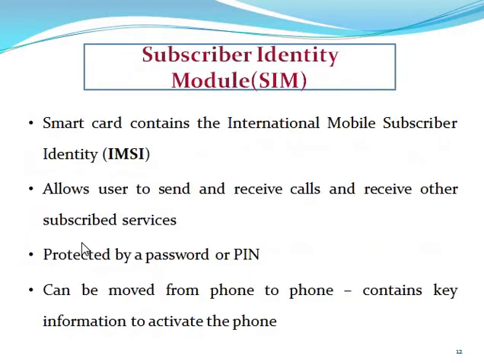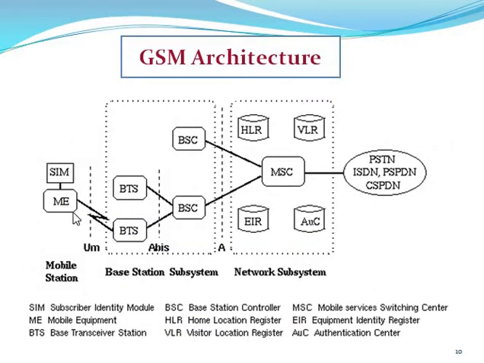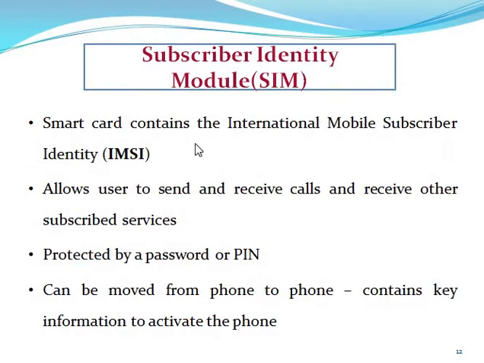Now we can see what the SIM is. We can see this in the diagram. So what is the SIM? SIM is a Subscriber Identity Module. You can use a number of SIM cards in a mobile device, but each SIM card holds a particular identity.